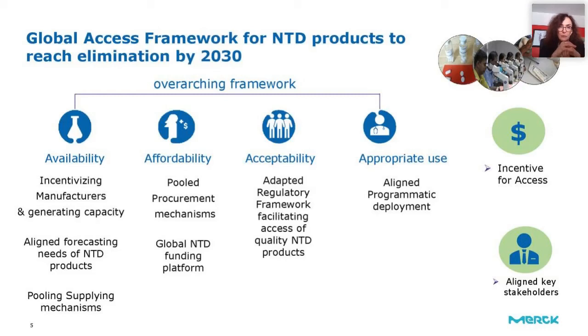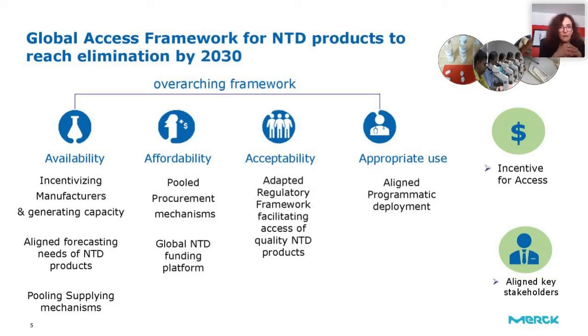When it comes to availability, there's a clear need to look at incentivizing manufacturers to ensure that they generate the right capacities for both drugs and diagnostics. So here there's a need to think as a holistic approach rather than one product versus another one.